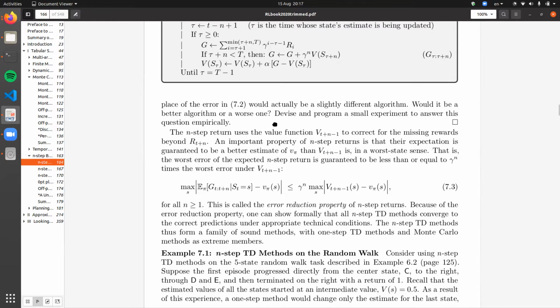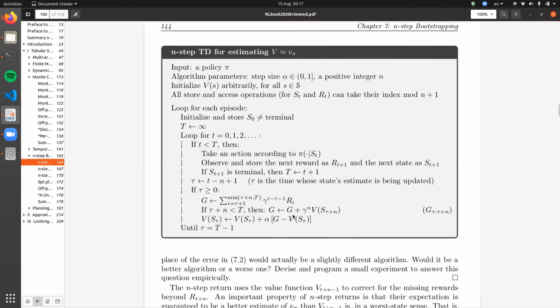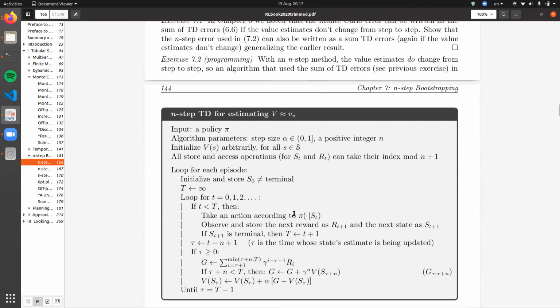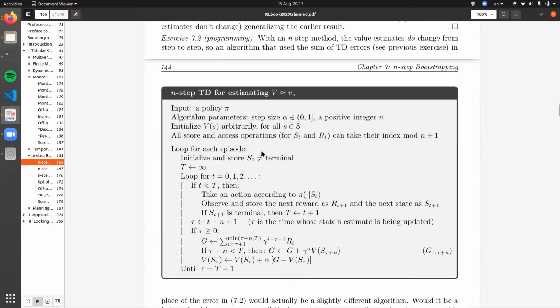I haven't done the programming for this exercise, but I think we can safely assume that it will be a worse algorithm, because in this case we will have to store the TD errors at each time step, and then use those for our update.